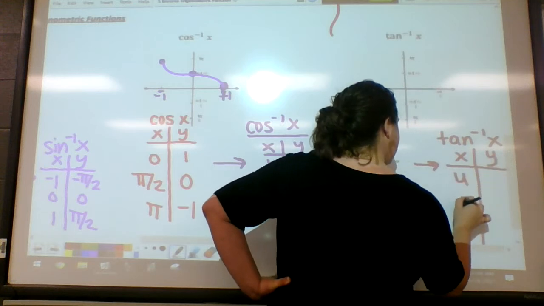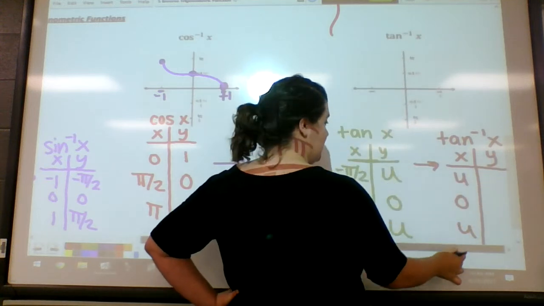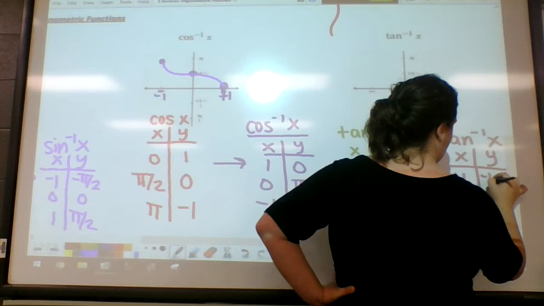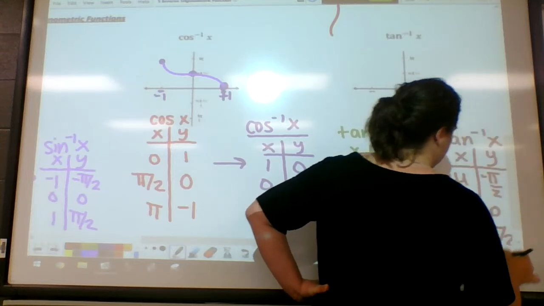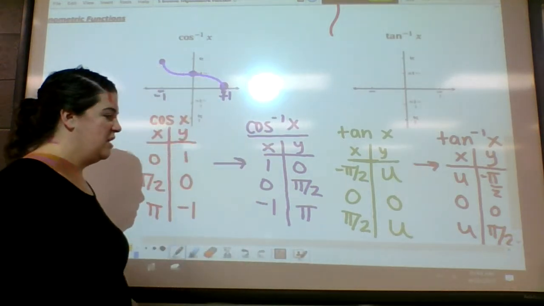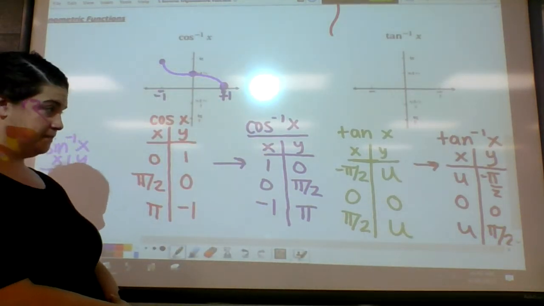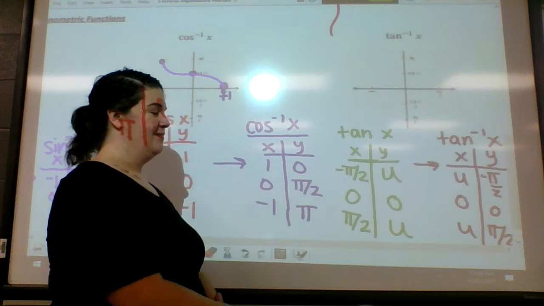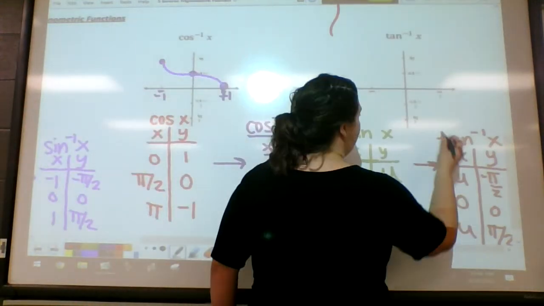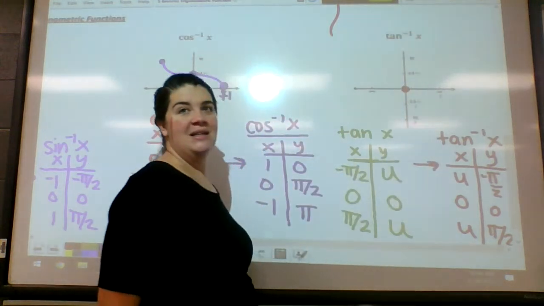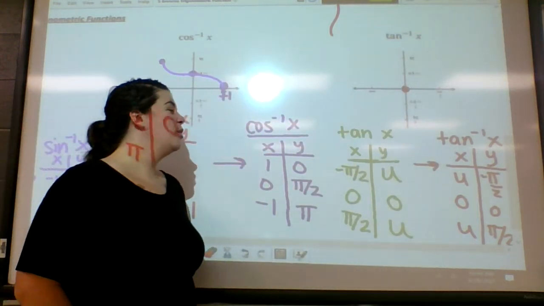So we'll have undefined, 0, undefined in our x's, which is kind of unique. -pi over 2, 0, pi over 2 in the y's. So the easy one to plot is 0, 0, yes?